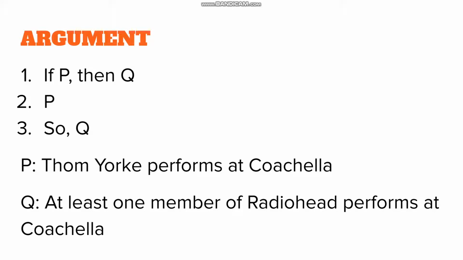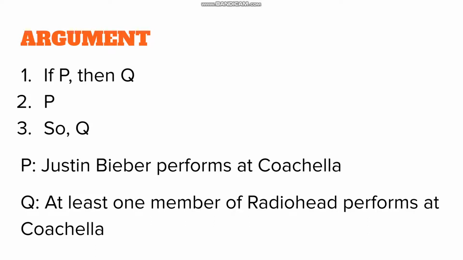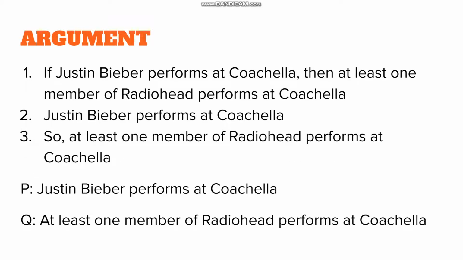Here's a different example. Substitute P for Justin Bieber performs at Coachella, and Q for at least one member of Radiohead performs at Coachella. So if we sub in these English sentences for P and Q, we'll have the following argument. Now, this argument is also valid. It's not possible for the premises to be true and the conclusion false.